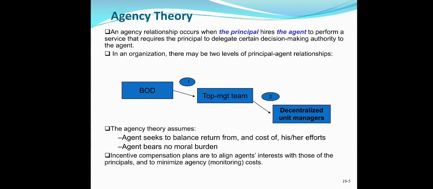Agent bears no moral burden. The board of directors has a burden because they have invested money. They want the return. But the agent has no such burden. Agents are like workers.